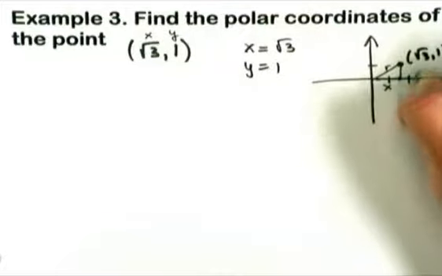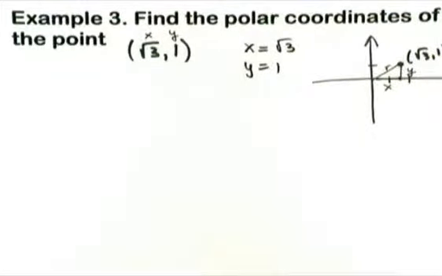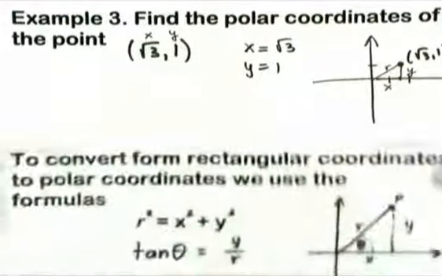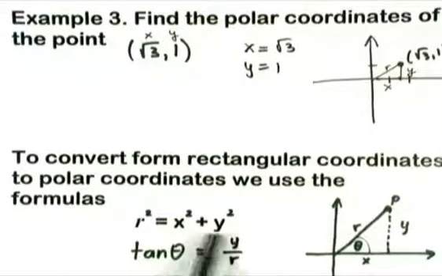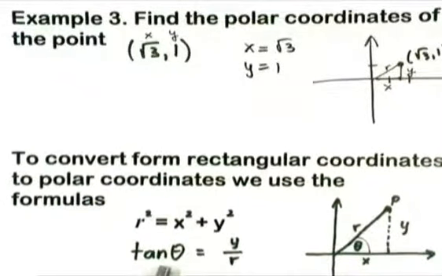This is my x distance, this is my y distance. So in that case, we are using the second set of formulae that we just talked about, that once we convert from rectangular to polar, r squared is equal to x squared plus y squared, and then the tangent relation.